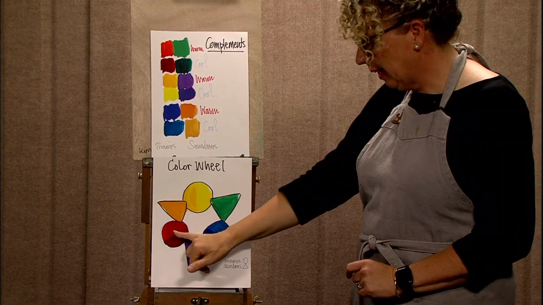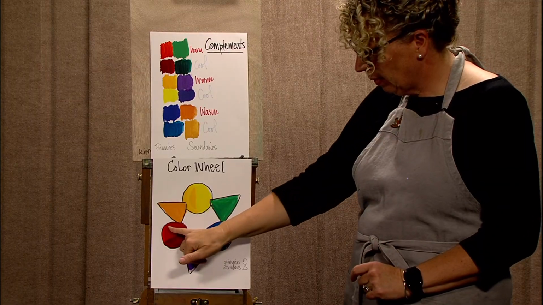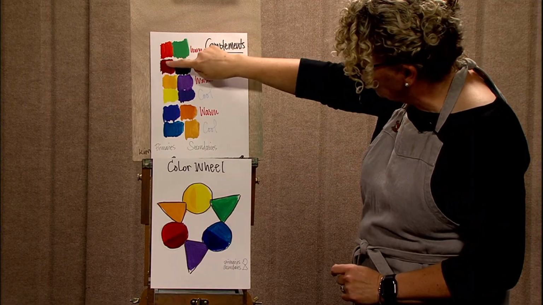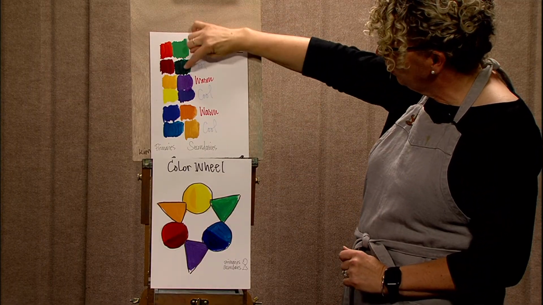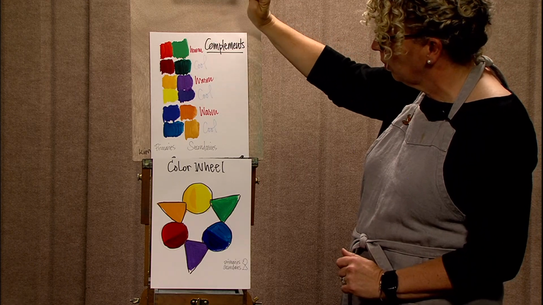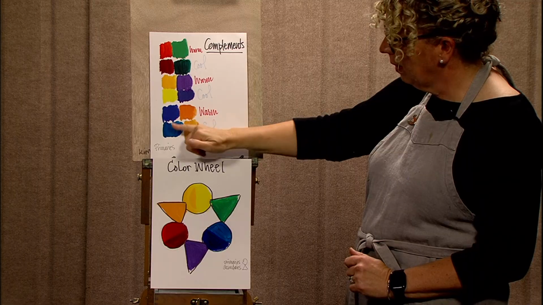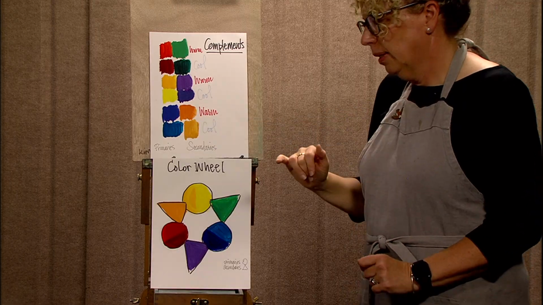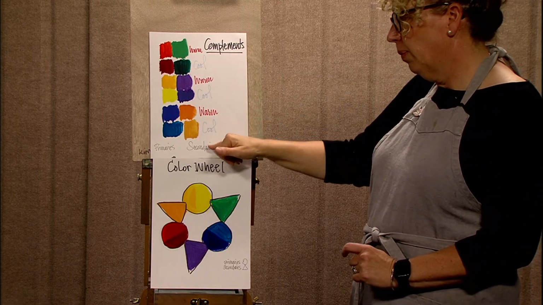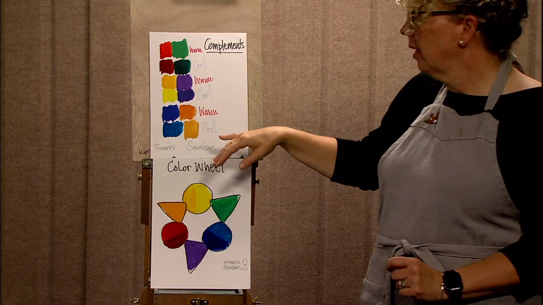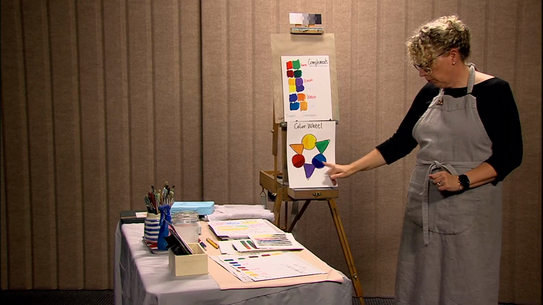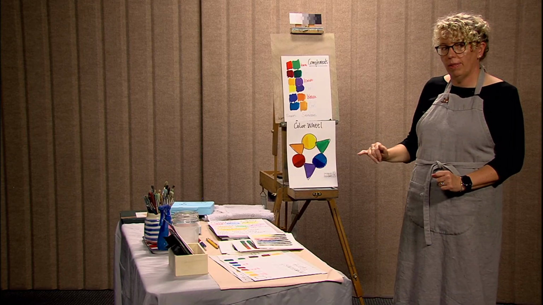So you'll see, we'll start with red. There's the warm and the cool. So I mixed the warm and the cool, and those are the complementary colors of the warm and cool. And then with the yellow, and then with the blue. And so primaries always have a secondary that is its complement, right? Because we're going across on the color wheel.